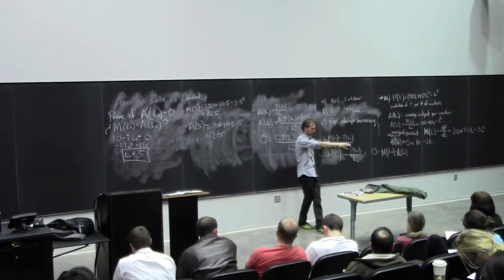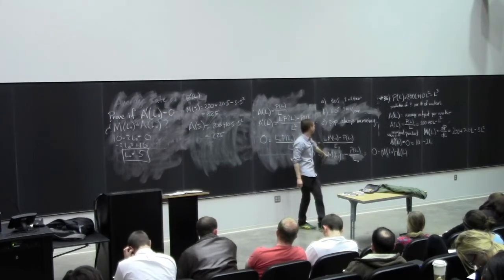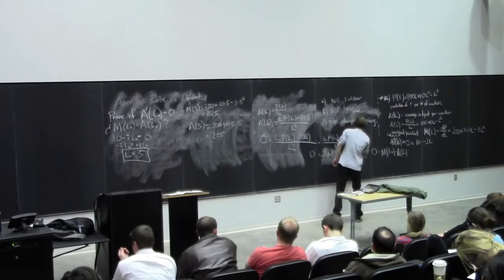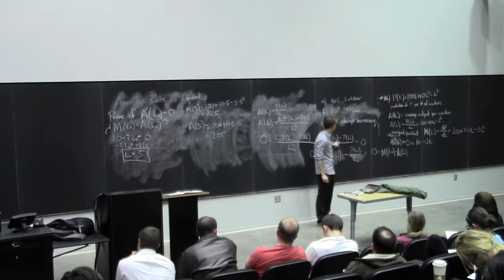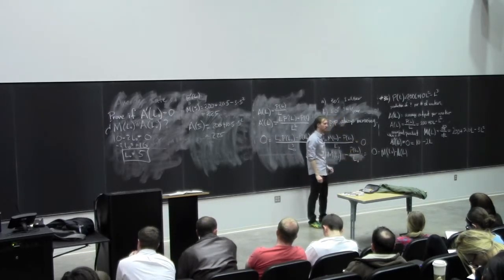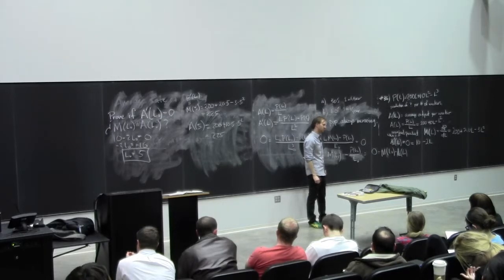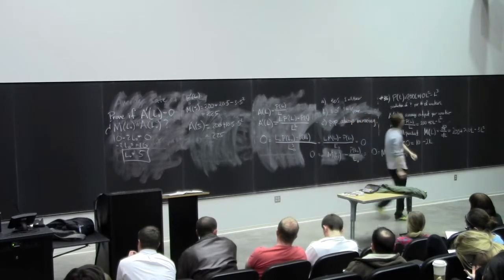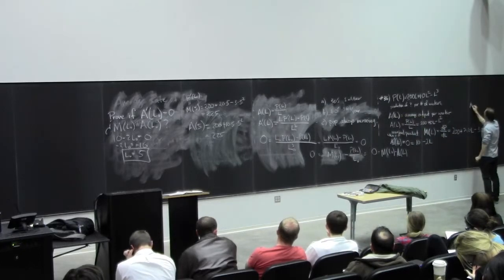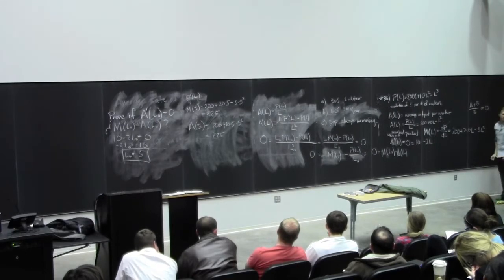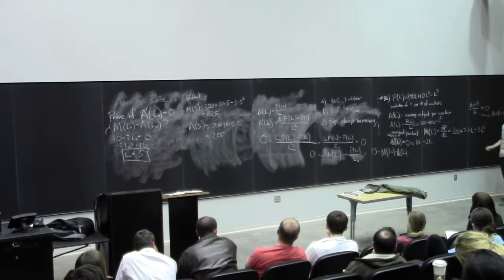I'll get you in a second. How to get M of L naught here? What's this thing equal to? It's equal to 0. I just multiplied everything by L naught squared. If I have A plus B over 3 equals 0, can you say, hey, that says that A plus B equals 0?